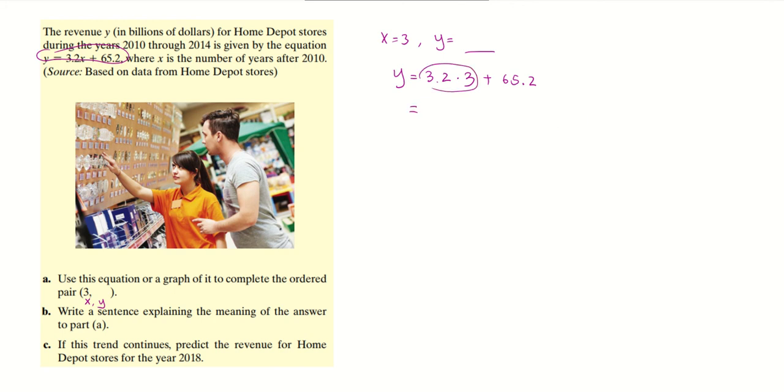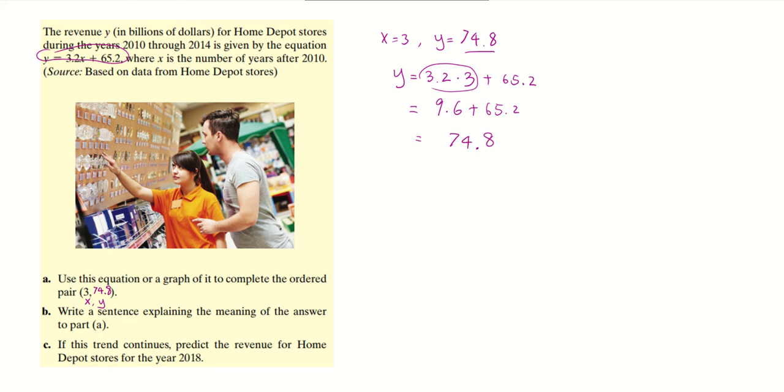So 3.2 times 3, that's 9.6, plus 65.2. That will give you 74.8. So when x is 3, the corresponding y is 74.8. So to complete this ordered pair, it will be (3, 74.8).